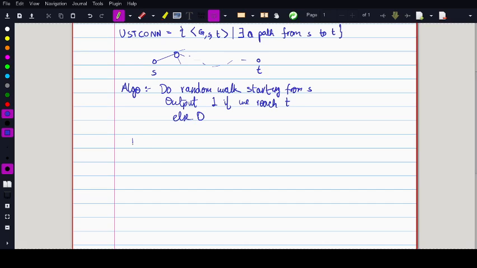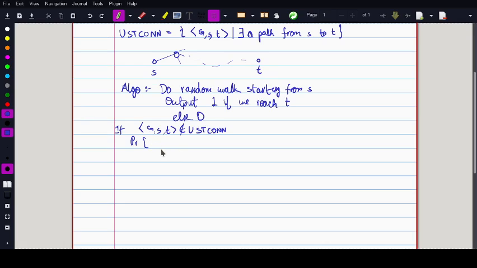First of all, note that if S and T are not connected, so G, S, T does not belong to USTCon, then our algorithm will always output 0, because you can't reach T from S by a random walk.